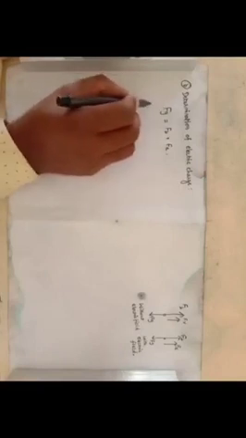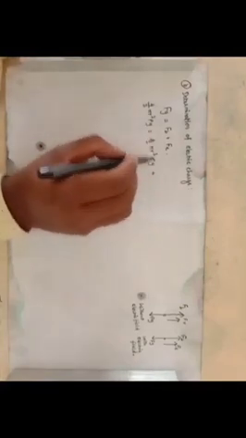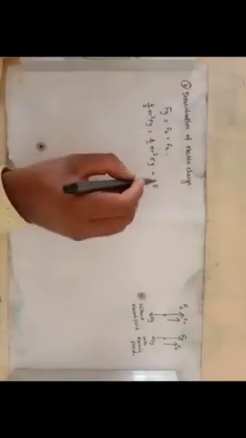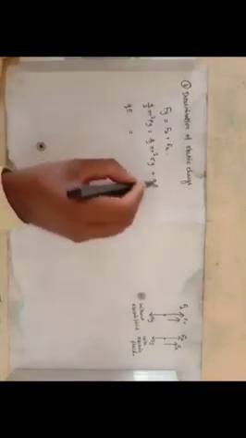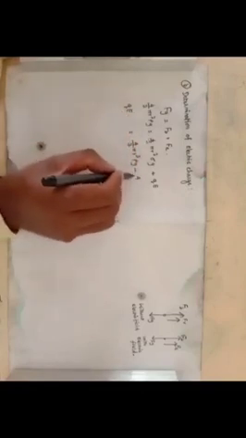Already you know the value of Fg, that is 4 by 3 pi r cube rho g, is equal to the buoyant force, that is 4 by 3 pi r cube sigma g, plus Fe, that is q into E. In the next step we can write qE is equal to 4 by 3 pi r cube rho g minus 4 by 3 pi r cube sigma g.